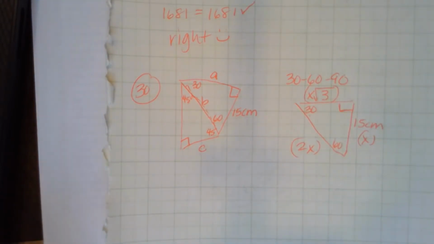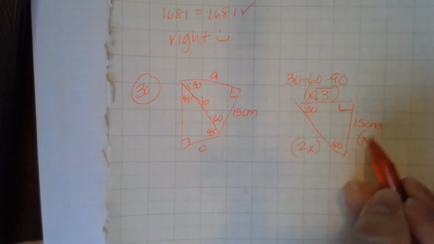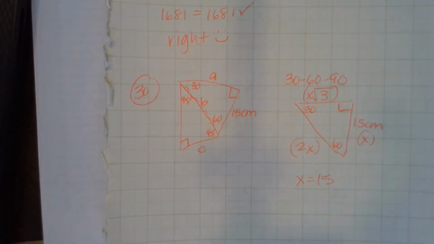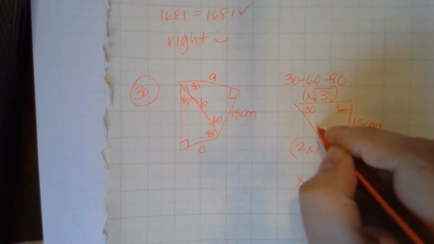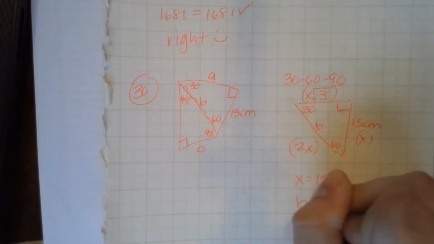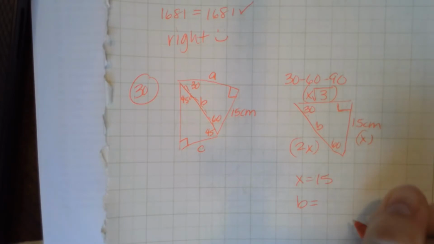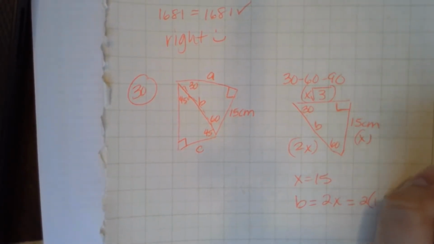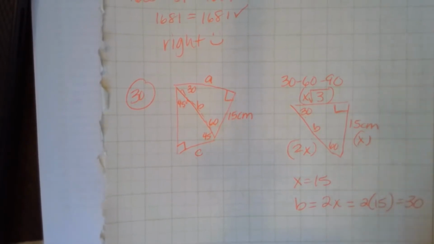I'm going to use those to figure out what we know and what we don't know. Fortunately, we do know that x equals 15. So on this outside, which is B, we can figure that out pretty easily. B equals 2x, so that equals 2 times 15, which equals 30.